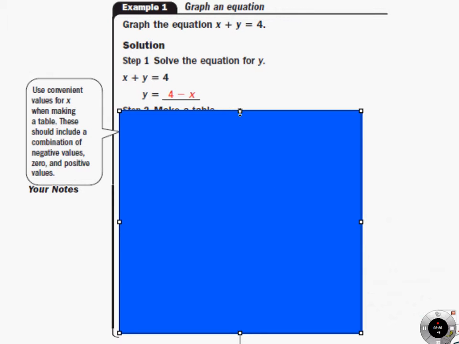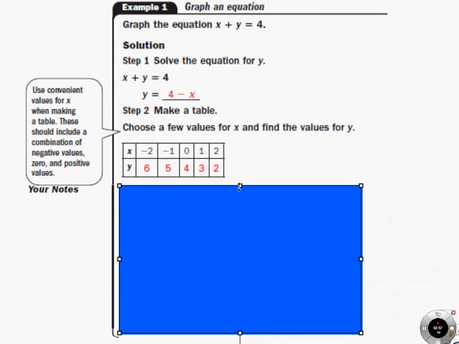The next step is to make a table of values. But we're not given values like in section 1, so we have to create our own for x.